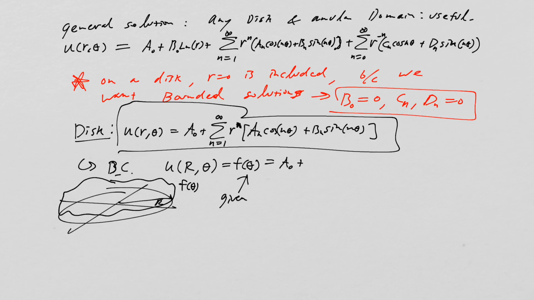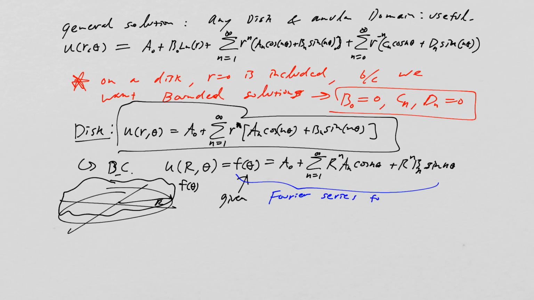It is going to be a naught plus the sum n equals 1 to infinity of capital R^n, we're just evaluating there, times an cosine n theta plus capital R^n bn sine n theta. Okay, so what we see here is that this, of course, is going to be a Fourier series for f of theta. The only catch here is that we have to rescale our coefficients by capital R^n there to get it perfectly done.